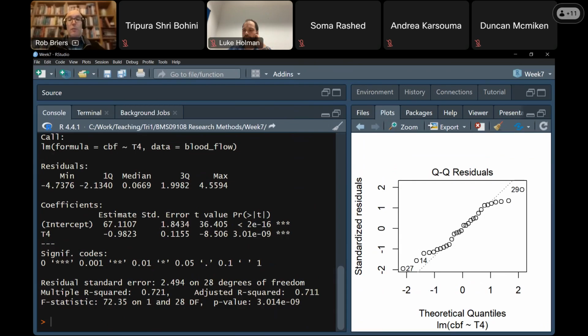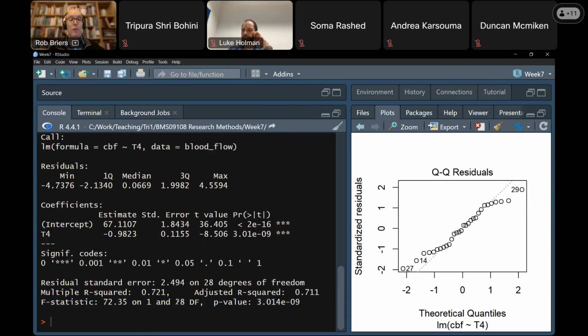Some of the bits at the bottom are similar to what we get from an ANOVA. If you look at the bottom line here, we've got an F value, 2 values of degrees of freedom, and a p-value. That's exactly the same as we get from an ANOVA table, it's just presented differently. We've got the treatment and the error degrees of freedom, and a p-value. That tells us basically, have we got an overall significant relationship between our response and our predictor.